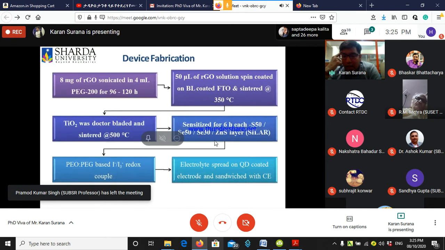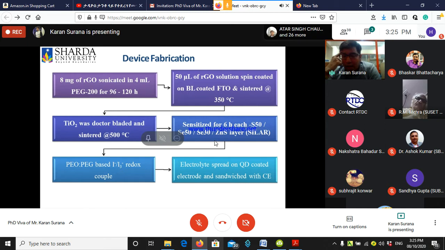Next, on the RGO coated electrode, TiO2 was doctor bladed and sintered at 500 degrees centigrade. Next, the QDs were coated over the TiO2 in a graded structure. First was the CdS QD prepared at 50 degrees centigrade. Basically, the TiO2 coated FTO was dipped into the QD solution, and with stirring, the coating went on for about 6 hours.